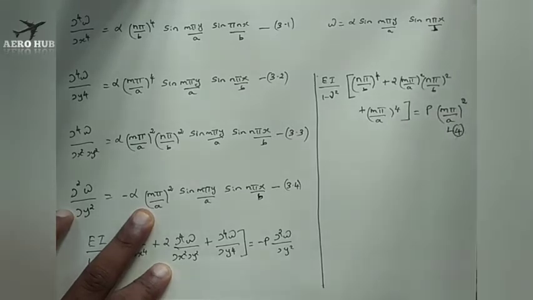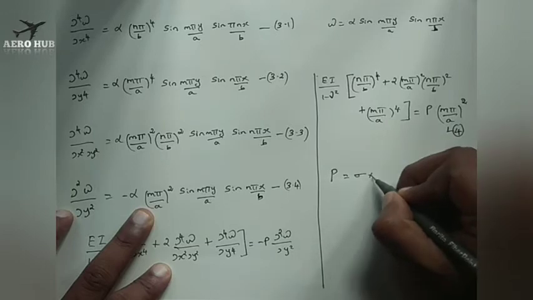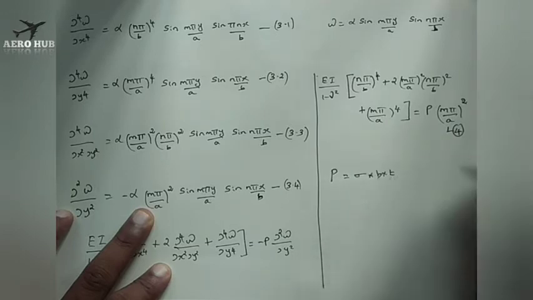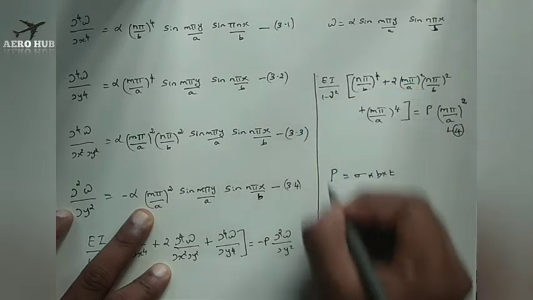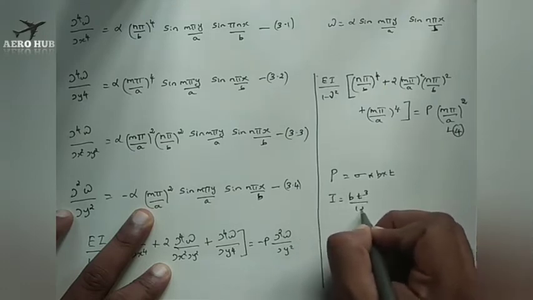Now in equation number 4 I will substitute the value of p. P is equal to σ b t, and I is equal to b t³/12.